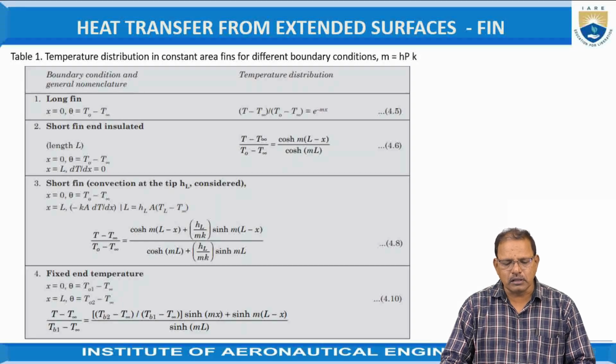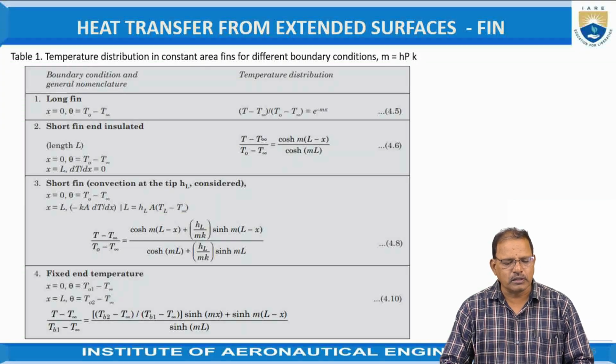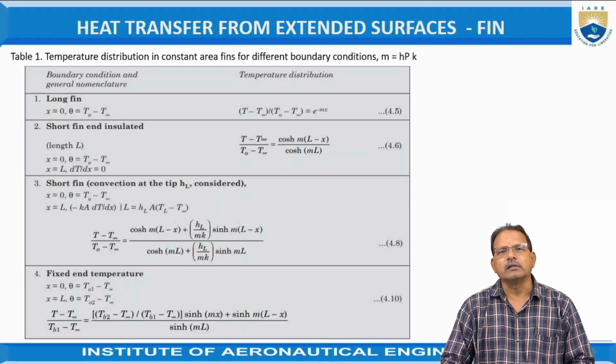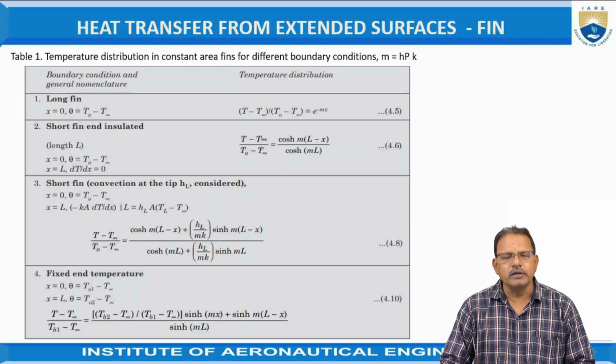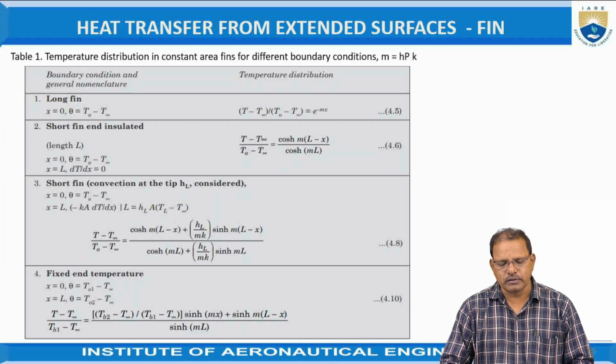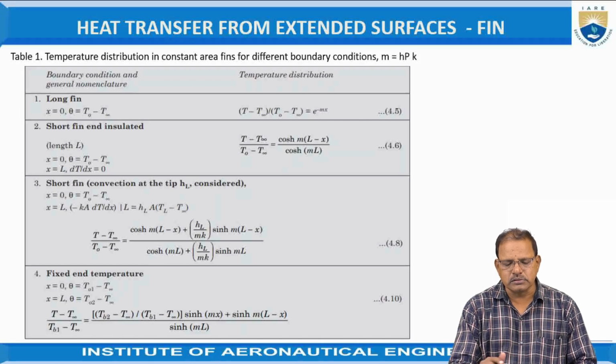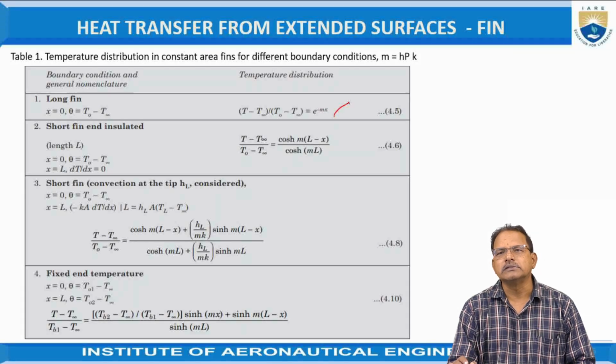These are the temperature distributions along with the boundary conditions, with general nomenclature given. For a long fin, when x is equal to 0, theta is equal to T0 minus T∞. So from this relation, (T minus T∞) divided by (T0 minus T∞) is equal to e to the power of minus mx.